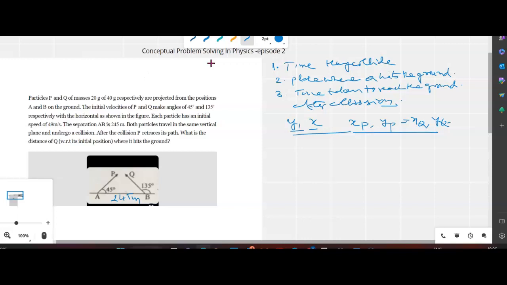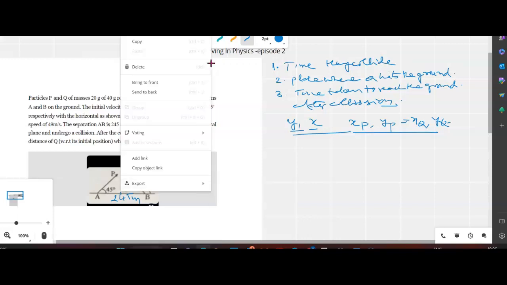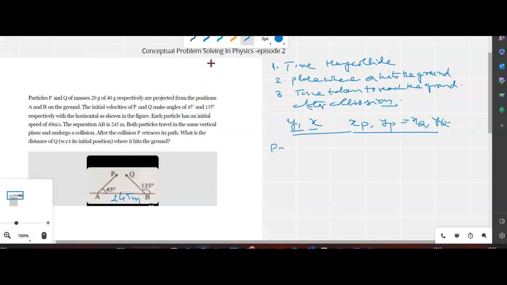And the only point which is reached by both P and Q at the same time is the middle point. That means the particles collide in the middle of AB. This is an important point which will simplify the problem.